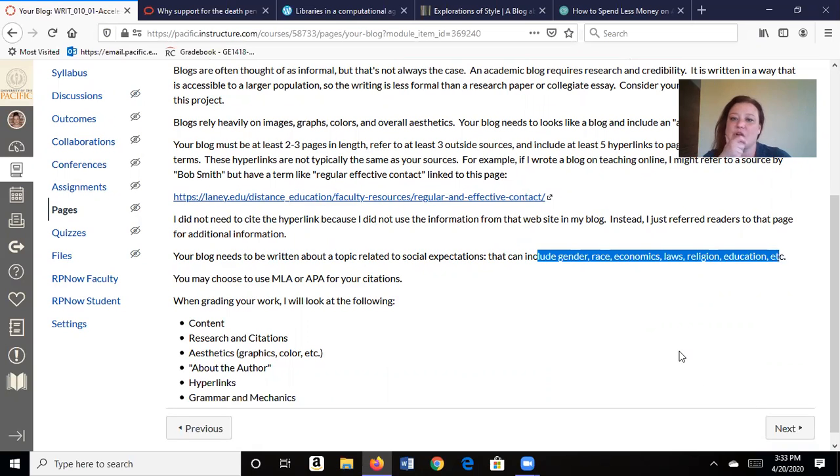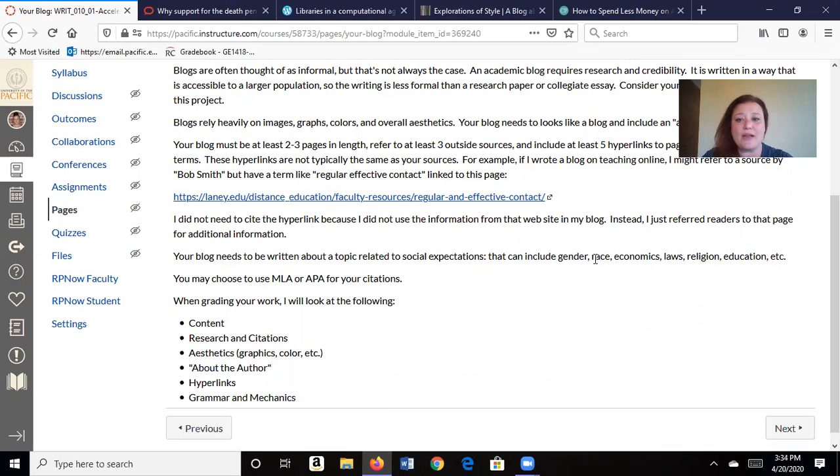For example, obviously, gender tends to be an issue that I am passionate about. So maybe I want to write about prescribed gender roles and how gender is blurring, and we're looking at it as a spectrum.